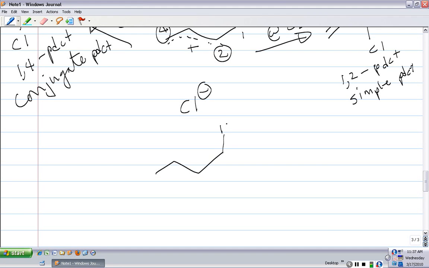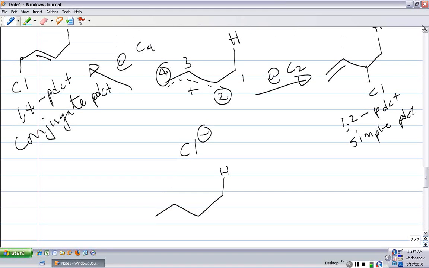If you notice how I drew it just above here, I sort of drew it in a very non-detailed fashion, simply saying that the positive charge is delocalized over C2, C3, and C4, with the plus charge being on C2 and C4.